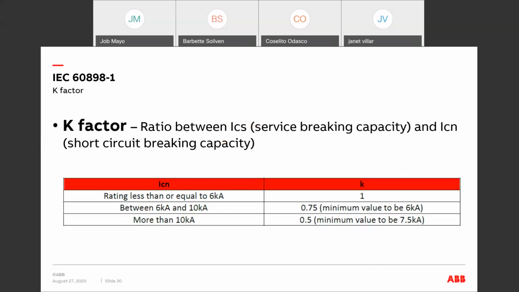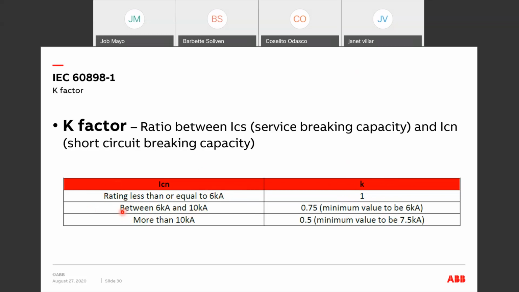What you'll find is the ultimate breaking capacity, and there's a K factor depending on the magnitude of the tested short circuit capacity of the circuit breaker. For circuit breakers rated less than or equal to 6 kA, the K factor is 1.